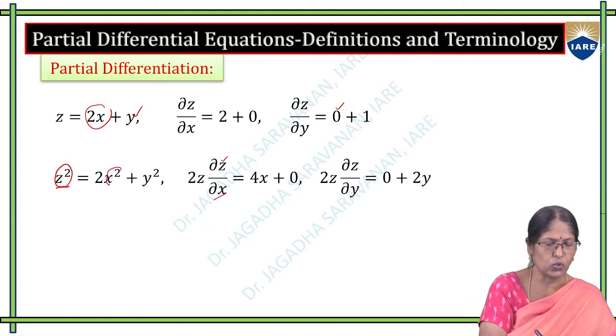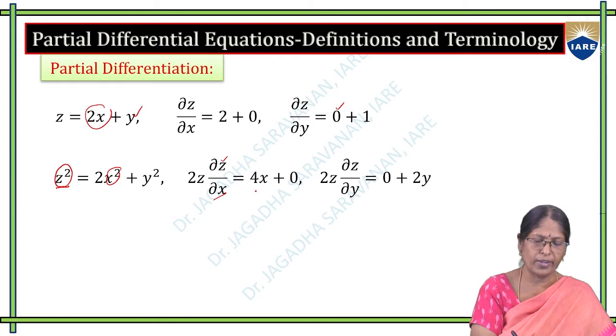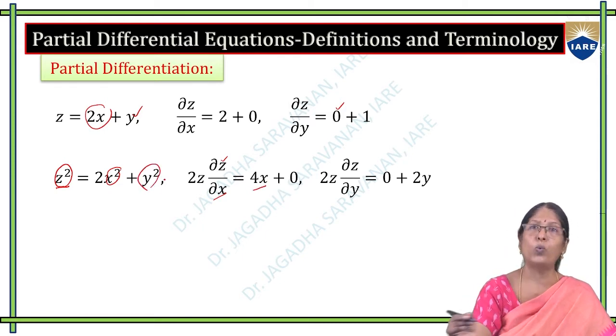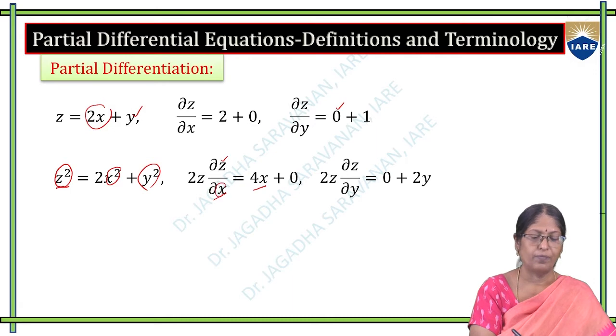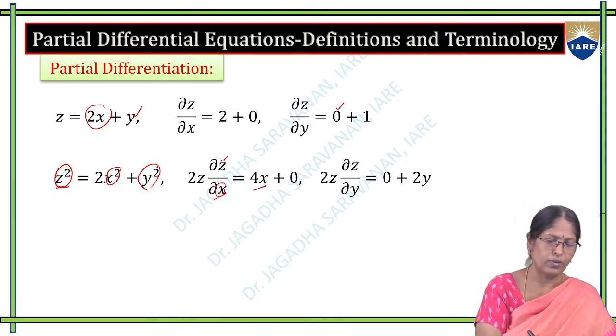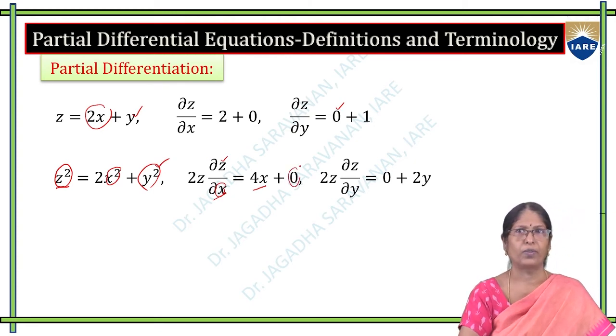Here, x square is there, which gives 2x, already existing 2, so 4x. Whereas here the other variable, our concentration is towards x, so the y square is treated as constant, so 0.